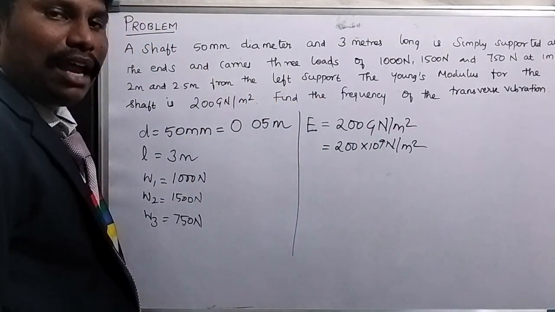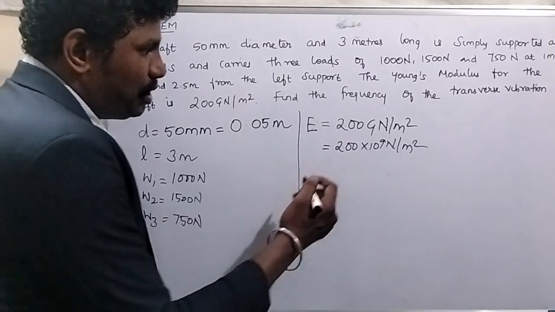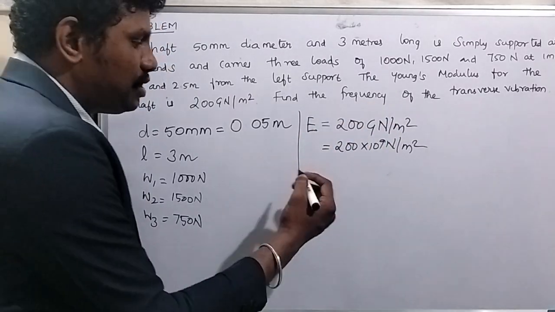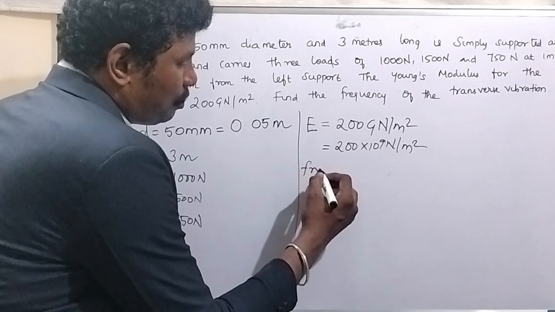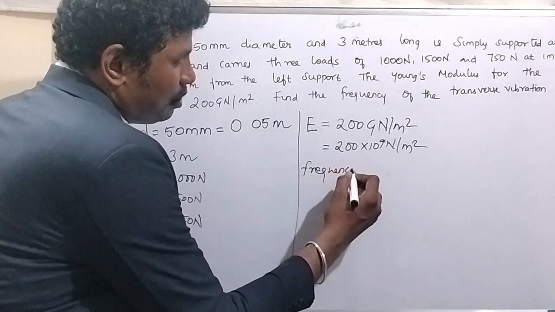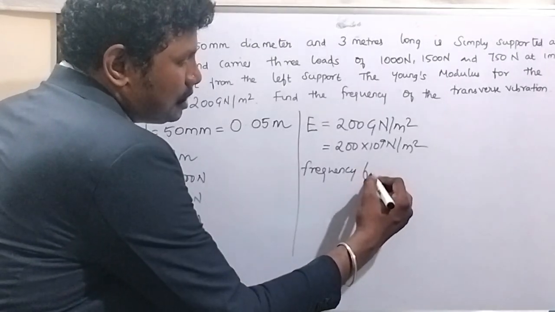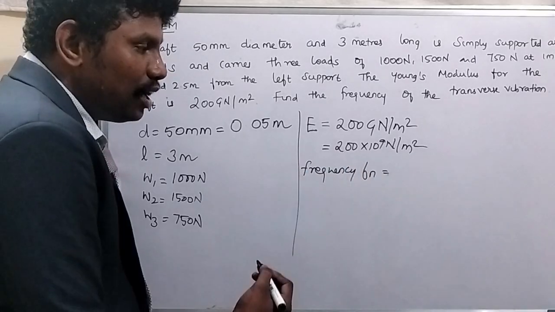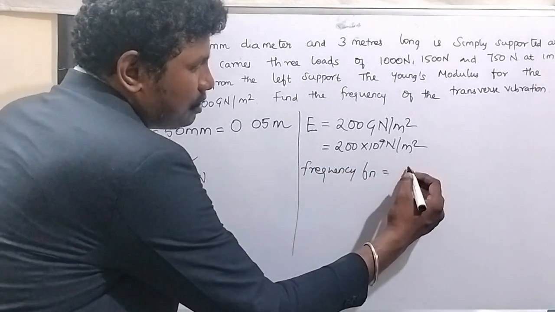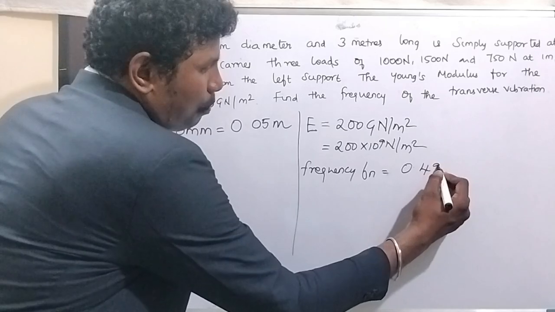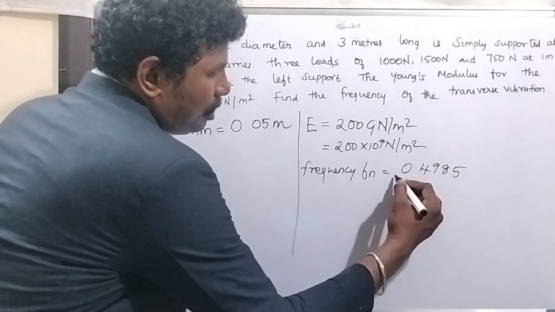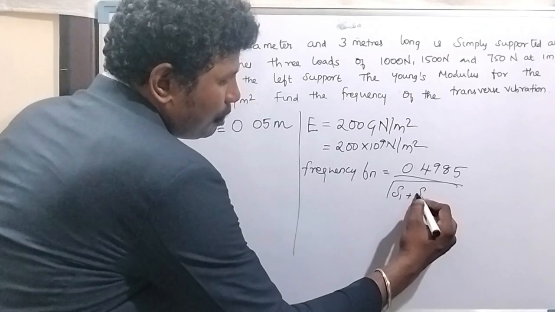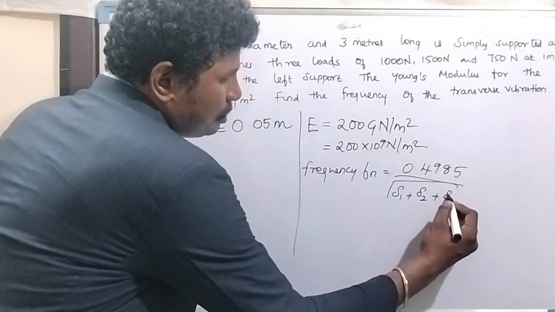So we are going to calculate the frequency of the transverse vibration. First I'll write down the formula for calculating the frequency of the transverse vibration. The frequency is represented as Fn. Based upon Dunkerley's principle, frequency is equal to 0.4985 divided by root of delta 1 plus delta 2 plus delta 3.